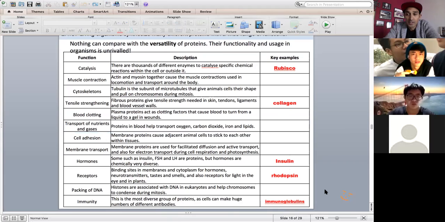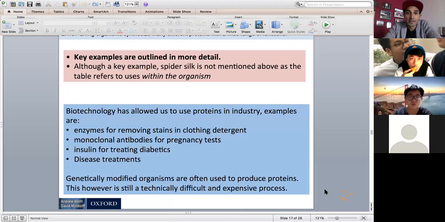Very quickly, we're just going to go through each of these 5 examples and give a brief description of what it's for, where it's found, what its uses are, etc. Key examples are outlined in more detail coming up. I'm going to skip the biotechnology part for now.